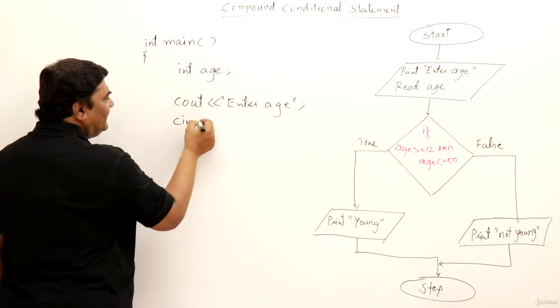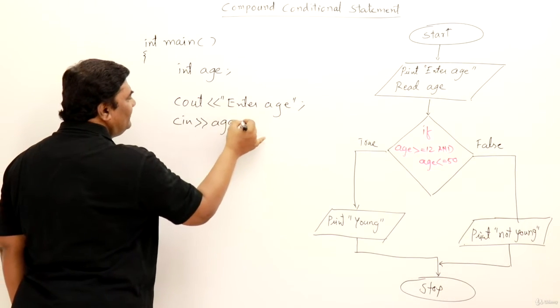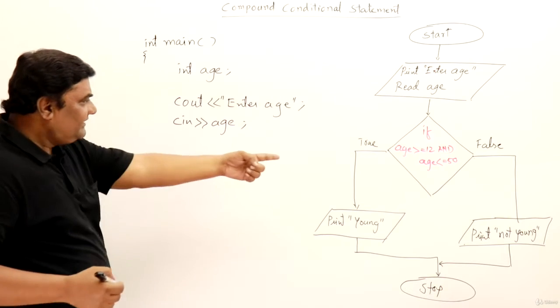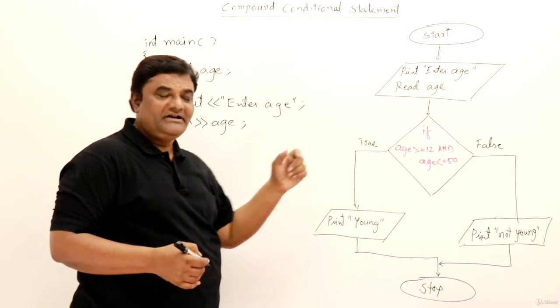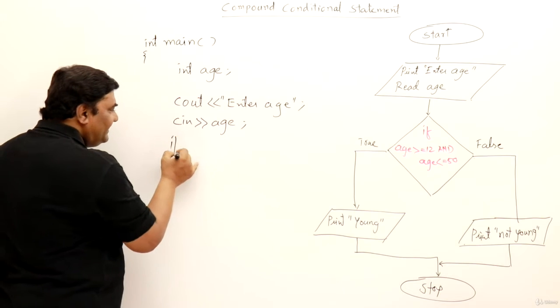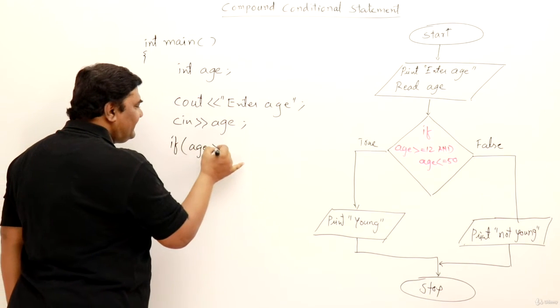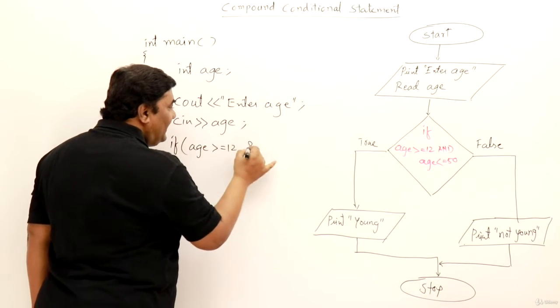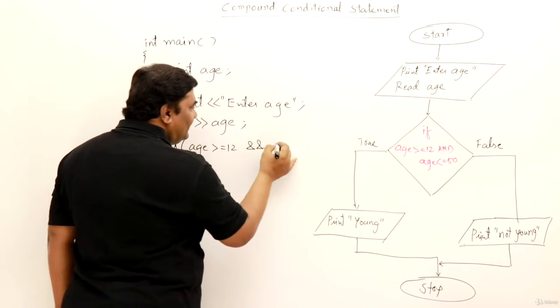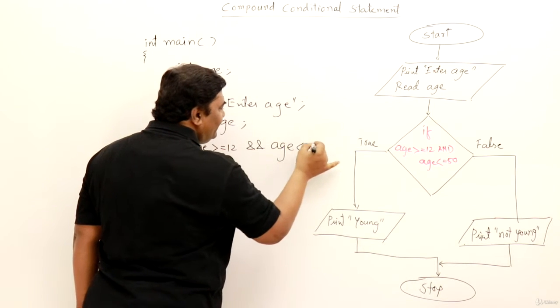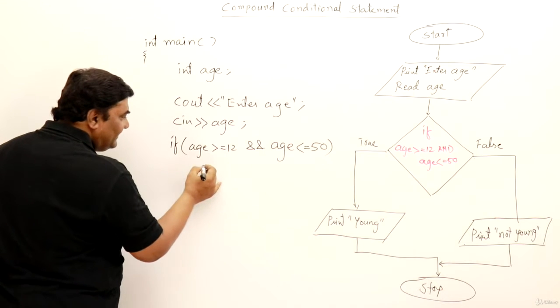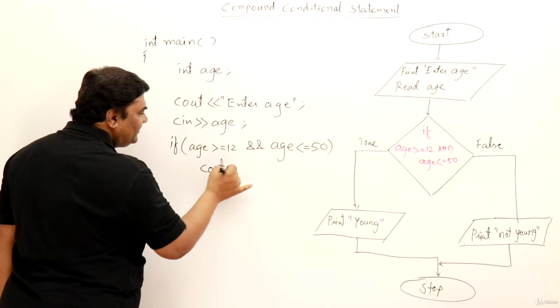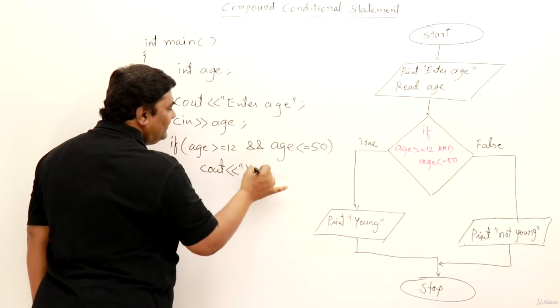Then cin, I should read the age value. Now the condition part: how to write the same condition in C++. If age is greater than or equal to 12 and, we have this symbol, then age is less than or equal to 50, then here I should print a message cout young.